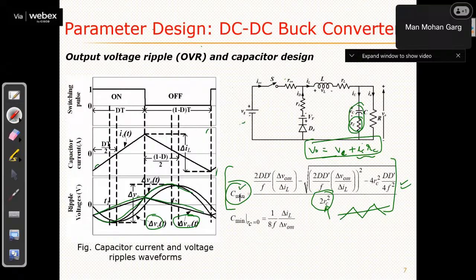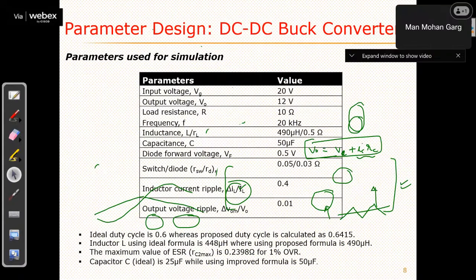Now this RC also has its optimum value. What can be the maximum value of RC which is allowed, so that the ripple across the load is within the range? So here you see it.